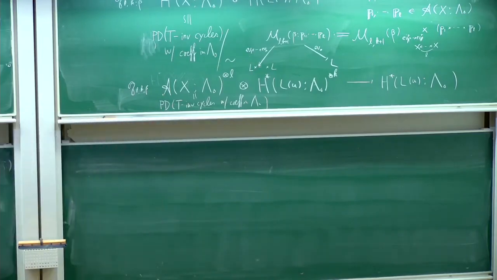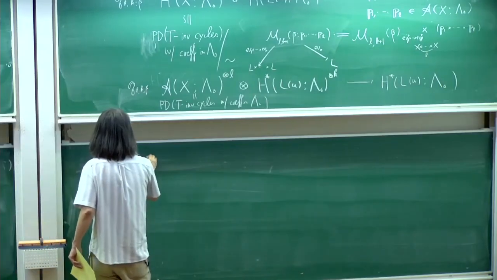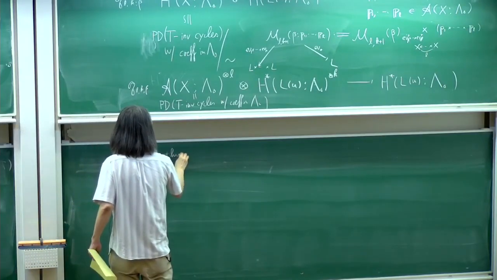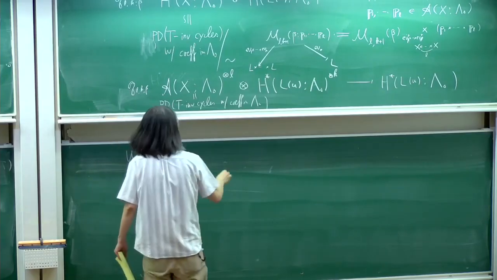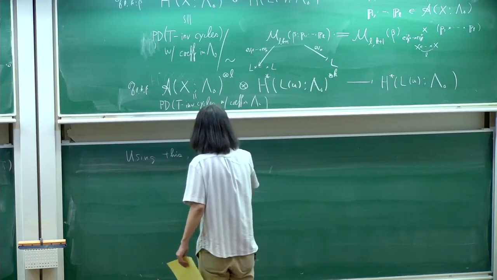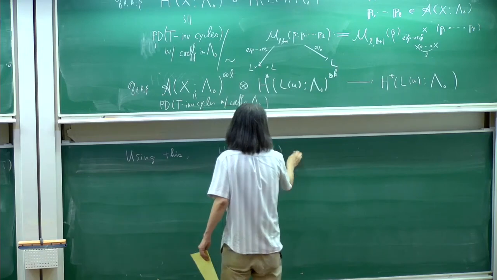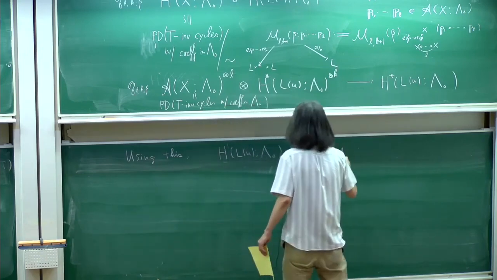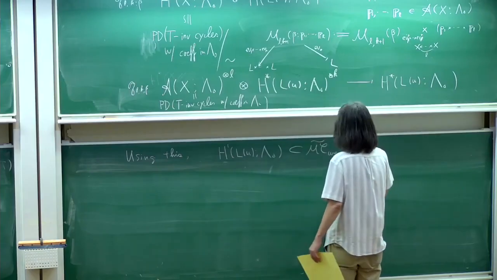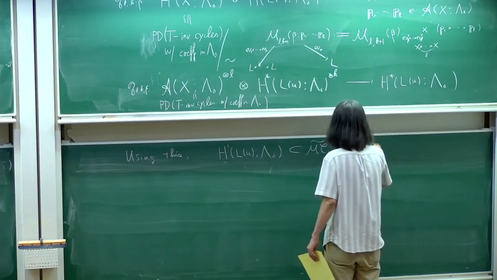And then, as before, using this, we can also show that this H1 of L_U for lambda 0 contains this weak MC tilde of B of L_U.